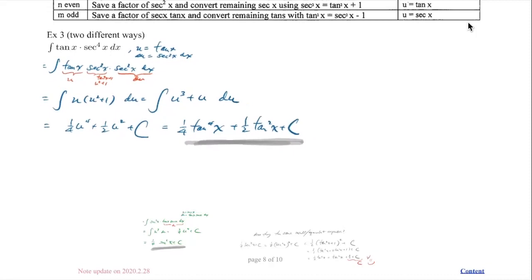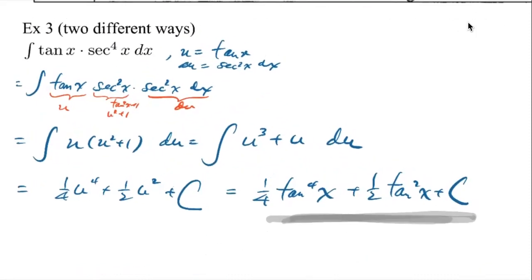There you go. Okay, let's zoom in a little bit. So I split them into these two. Recognize that this is du, then u must be tangent of x, and because it's the even power, I could use the Pythagoras relationship to convert it in terms of tangent.